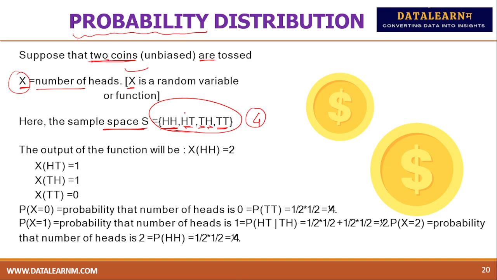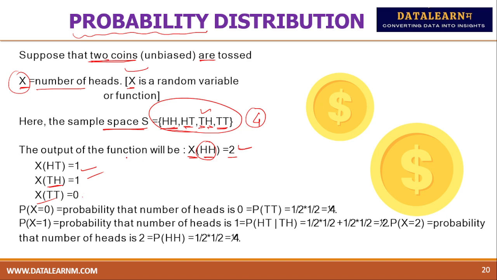The output function will be x of HH, how much will it be? 2 heads is 2. For 1 head, x is equal to 1. Again, for the third outcome, heads is 1. For the fourth outcome, heads is 0. So this is how it will work.